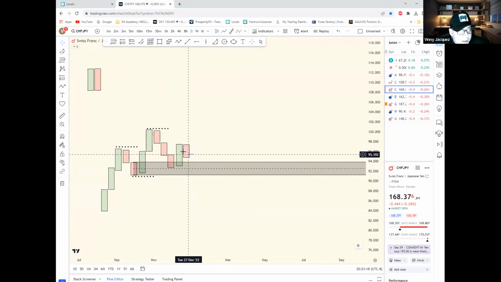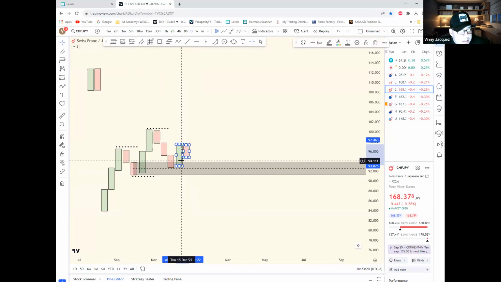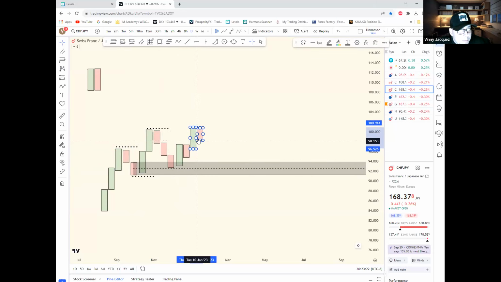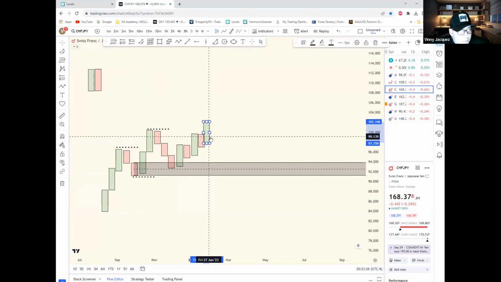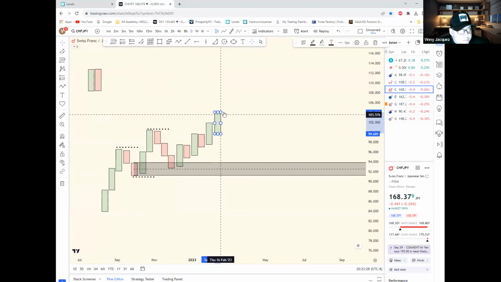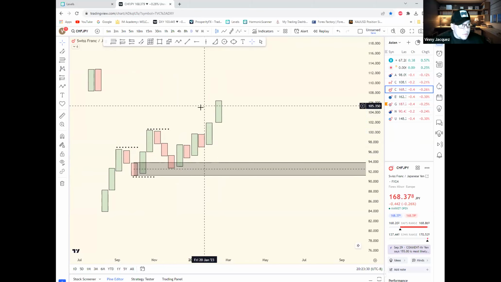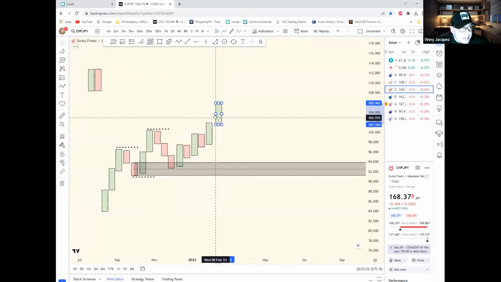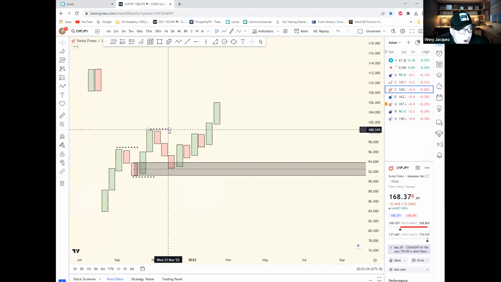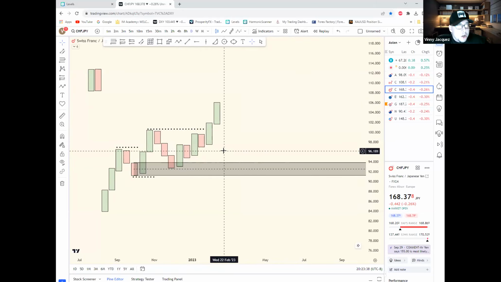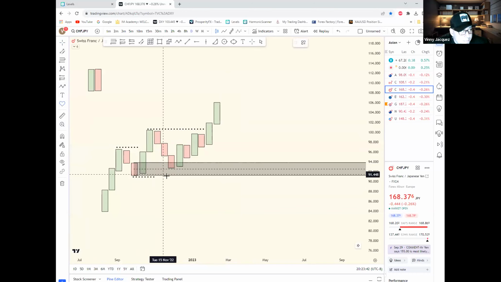We got a nice pullback, and let's just say this is how it looks coming back up. So if this is our higher high and we need to break above that to get our BOS continuation, which one is our starting point?